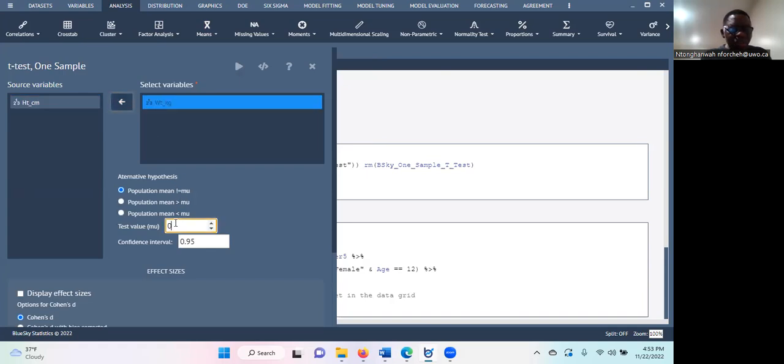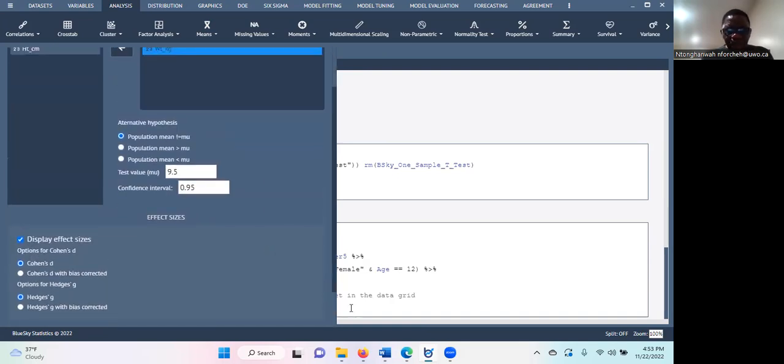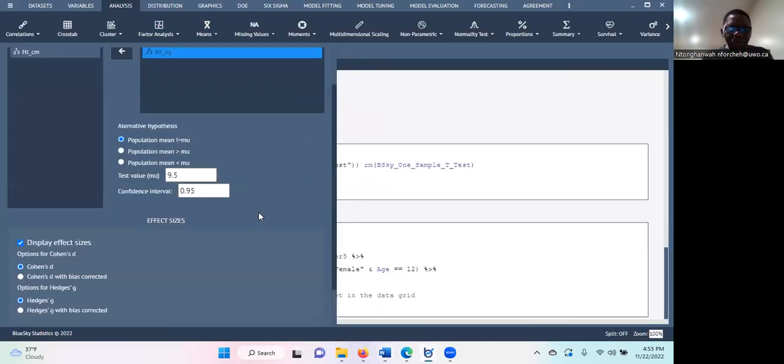We are saying that the weight is 9.5. We can also still include the effect size. Anything else, I think that's fine. Let me just make sure that's 9.5 exactly. So we can run.